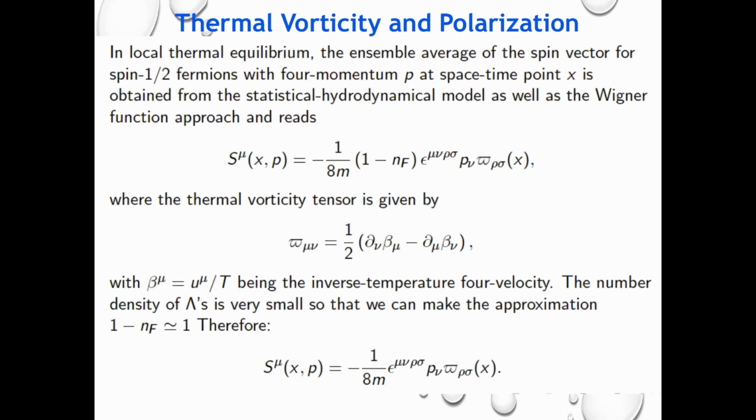Then their ensemble average spin values S mu can be presented like this. They are linked to the thermal vorticity tensor, which is written below. Here beta mu means the ratio of four-velocity to temperature. And after further approximations, please, next slide.